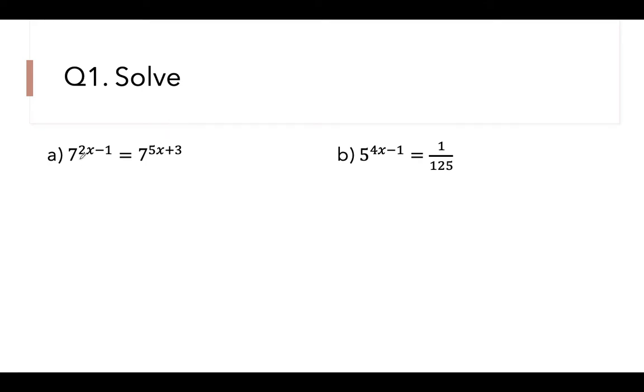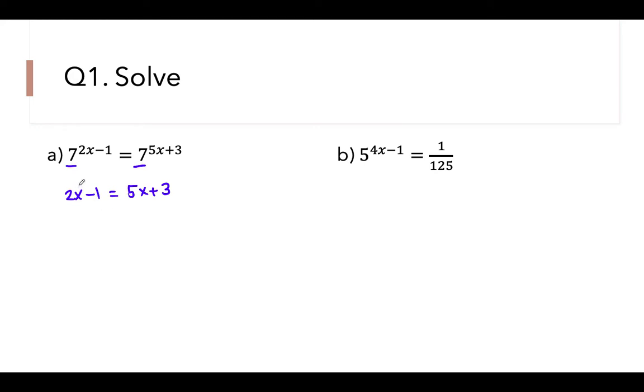Question 1. Let's try solving a variable that is in the exponent. First step, notice how the base is exactly the same left to right. Therefore, we're going to equate the exponents. 2x minus 1 equals 5x plus 3. Then we're going to collect the like terms.